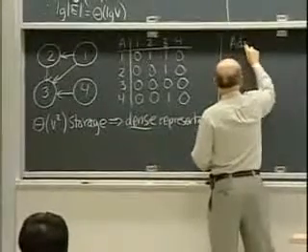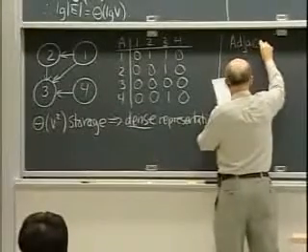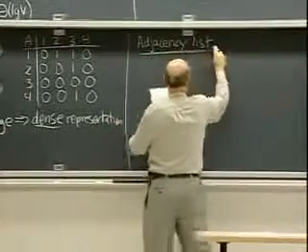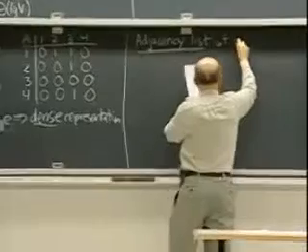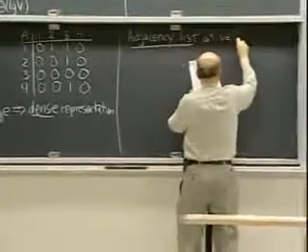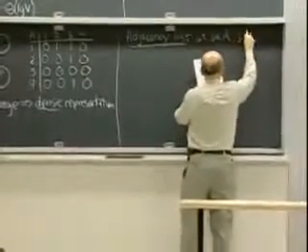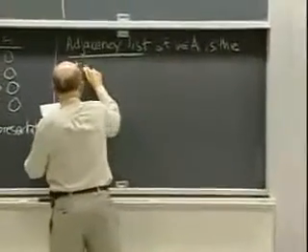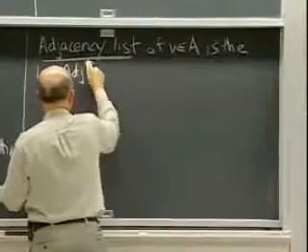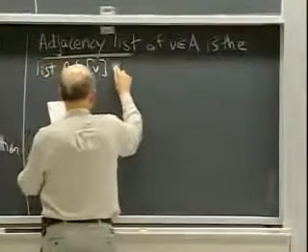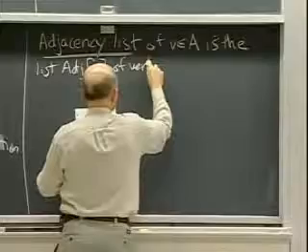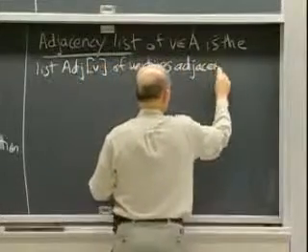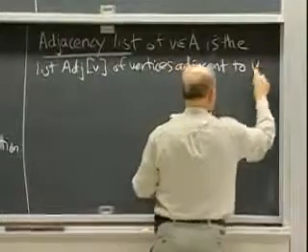So one such representation is an adjacency list representation. The adjacency list of a given vertex is the list, which we denote by Adj of v, of vertices adjacent to v.